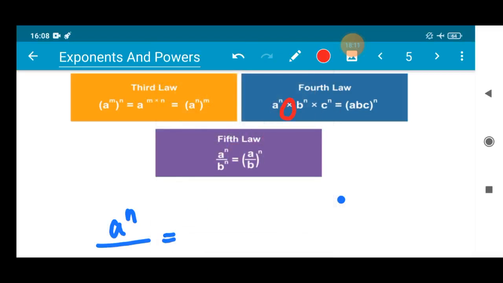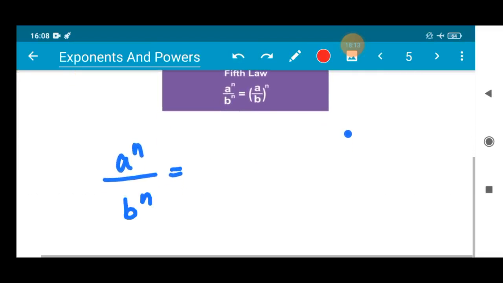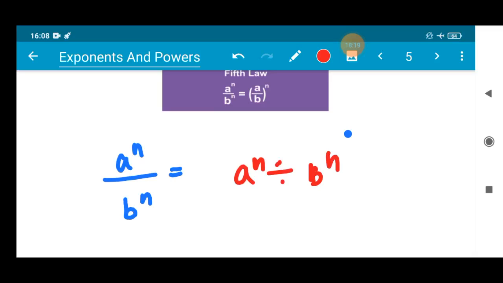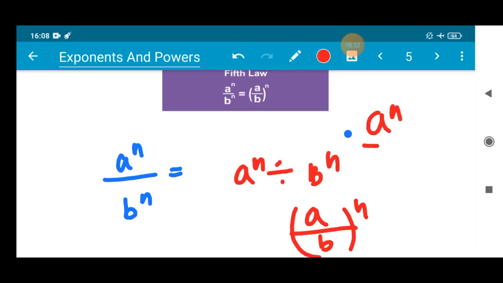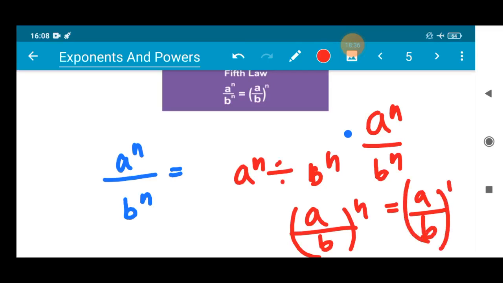There is a multiplication sign, but if you have a division sign, in such a case it should be written like a by b to the power n. Okay, so I request you all to write this a to the power n divided by b to the power n in this form only. Then you can write one power like this, a by b to the power n.